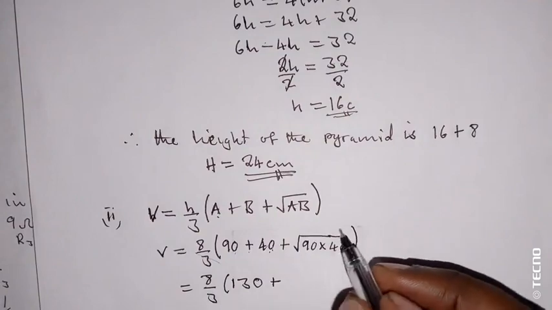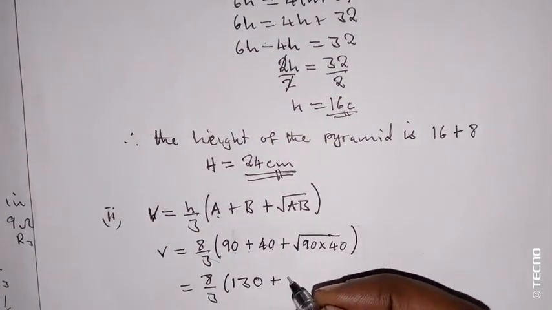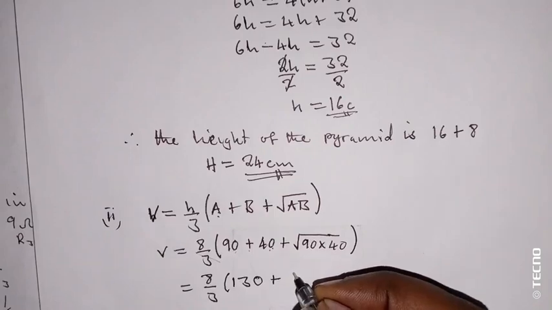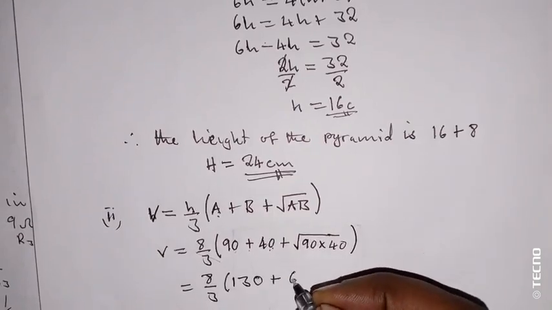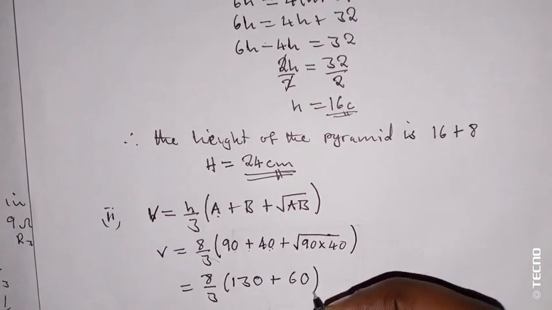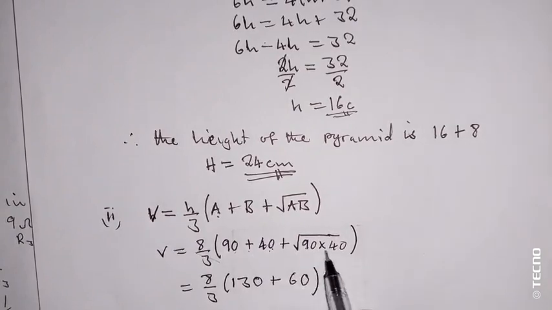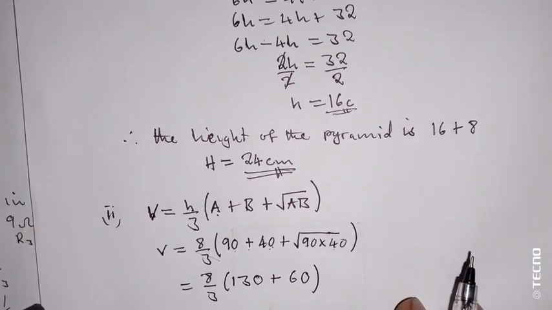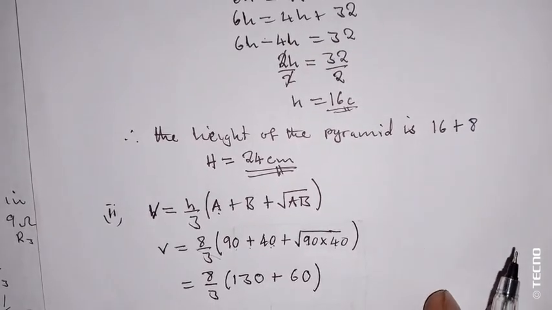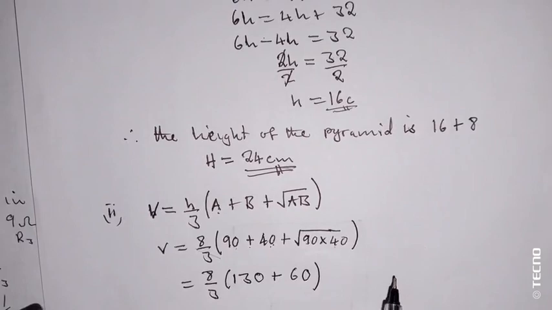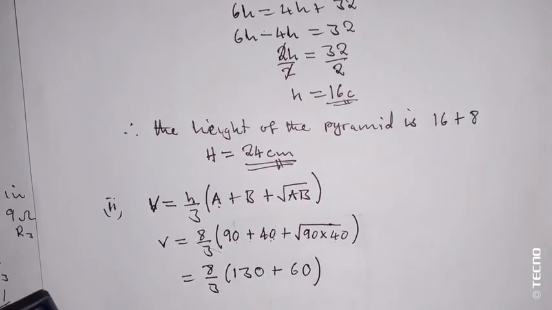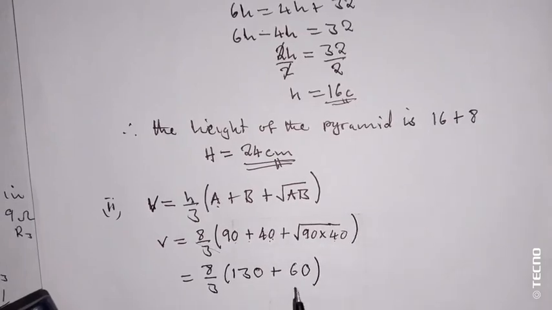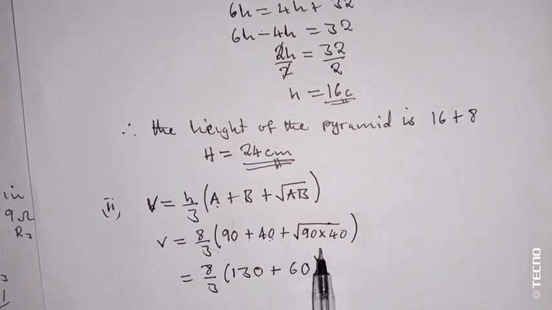Once you work out this, when you multiply this and this, we are going to have 3600. Then the square root of that is going to give us 60. Once you find the square root, you are going to have 60.